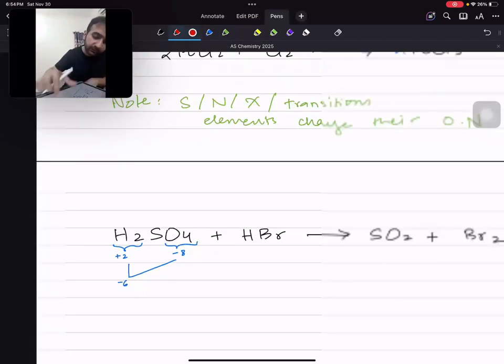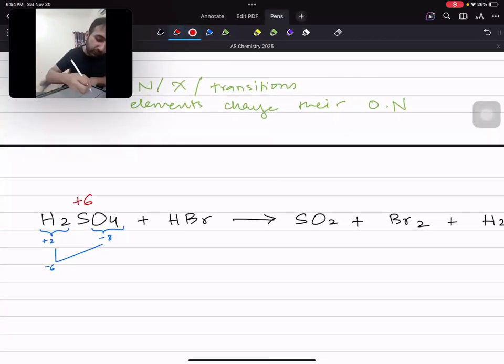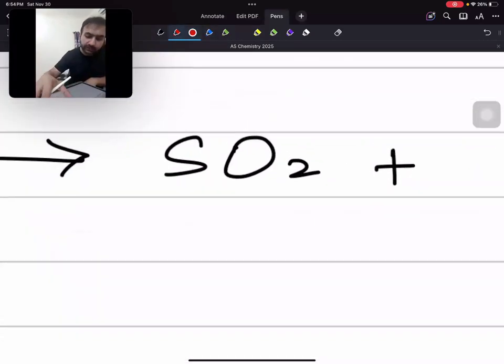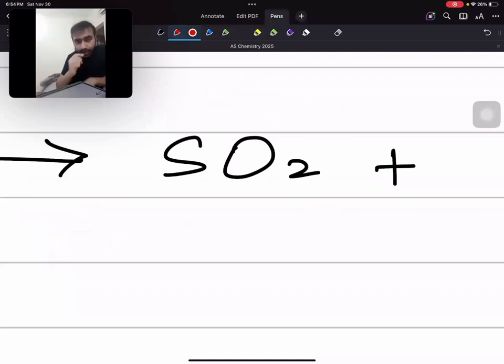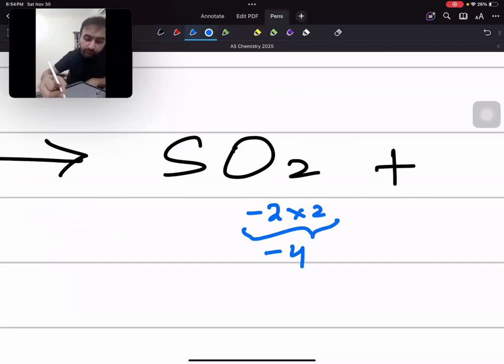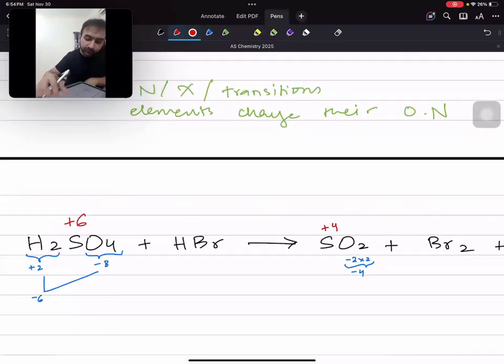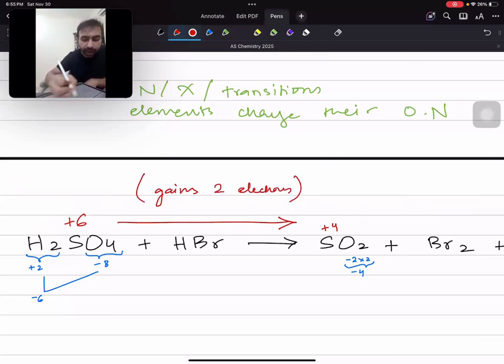So sulfur is +6 in H2SO4. When I talk about SO2, there are 2 oxygens, so -2 times 2, which is -4. Sulfur has to be +4. So sulfur is changing from +6 to +4, which means gains 2 electrons. One sulfur atom gains 2 electrons, that's it.